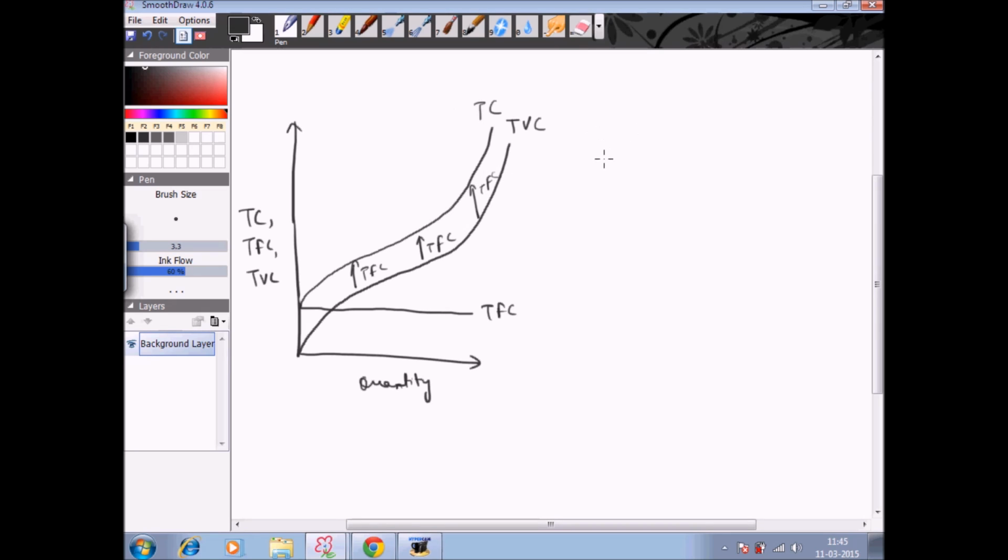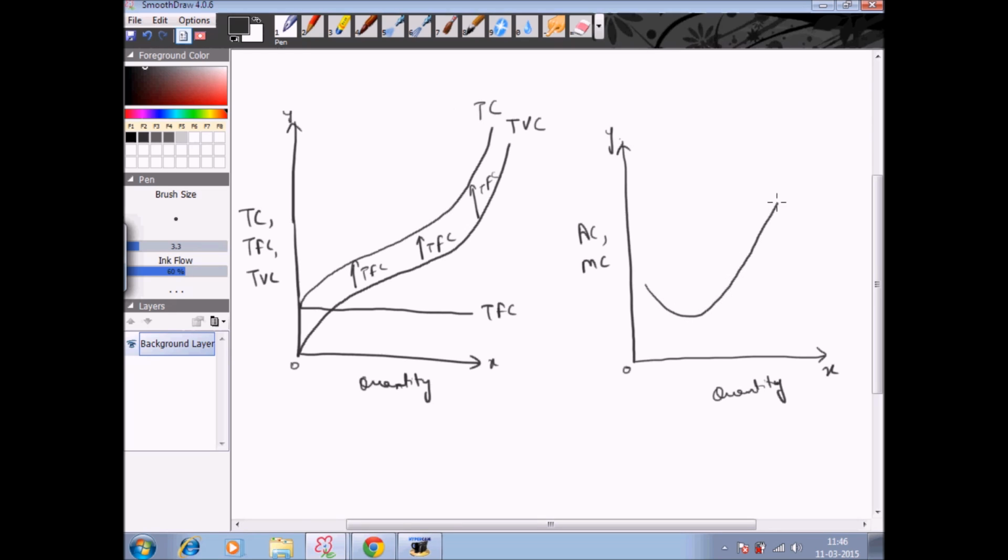Now same ways we can also get the average cost curve and marginal cost curve. Let's see. On x-axis we take the quantity produced and on y-axis we take the average cost and marginal cost. Now here the marginal cost, as already discussed, initially decreases and then it starts increasing at an increasing rate.